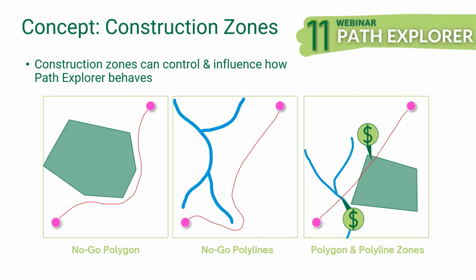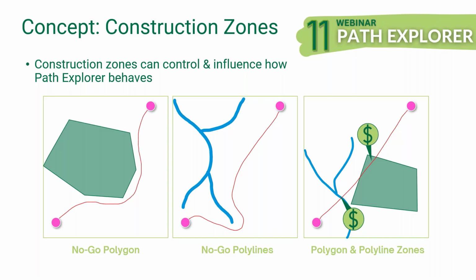So construction zones, there are 4 of them currently, with 2 more on the way. They really allow you to assign different costs and influence to the tool. So the first type here, as shown on the left, pardon my kindergarten or PowerPoint drawings. These were made about 10 minutes ago, but first we've got the no-go polygon.